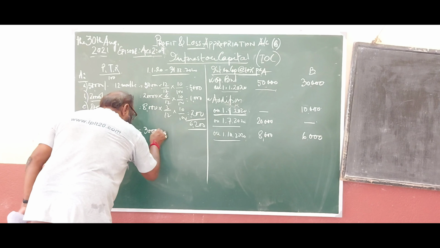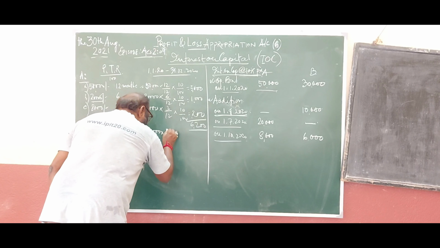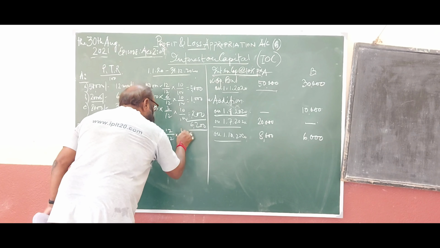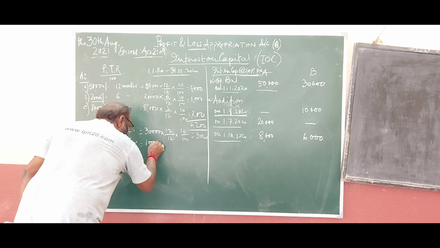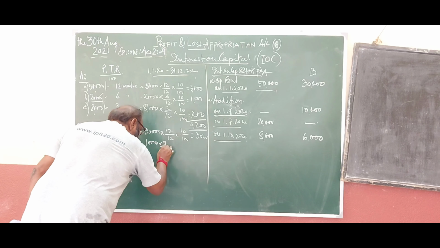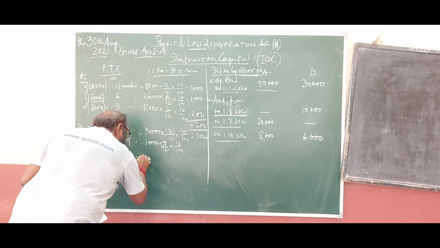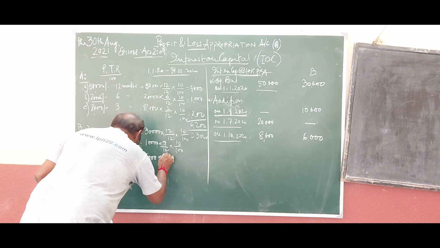I think, friends, you are very, very efficient in calculating this. This is nothing but a very, very arithmetical issue. So friends, it is 3,000, it is 10,000 for 9 months, 9/12, 10%, and it is 6,000 for how many months?